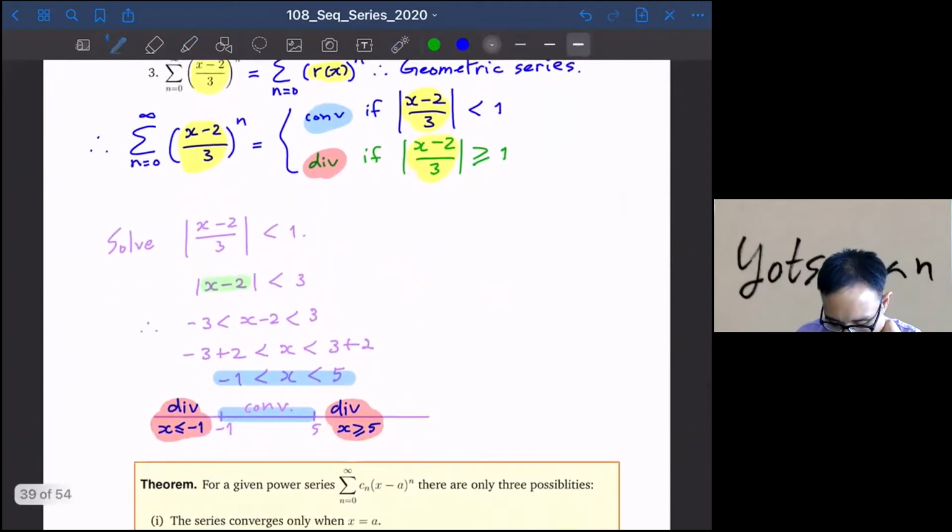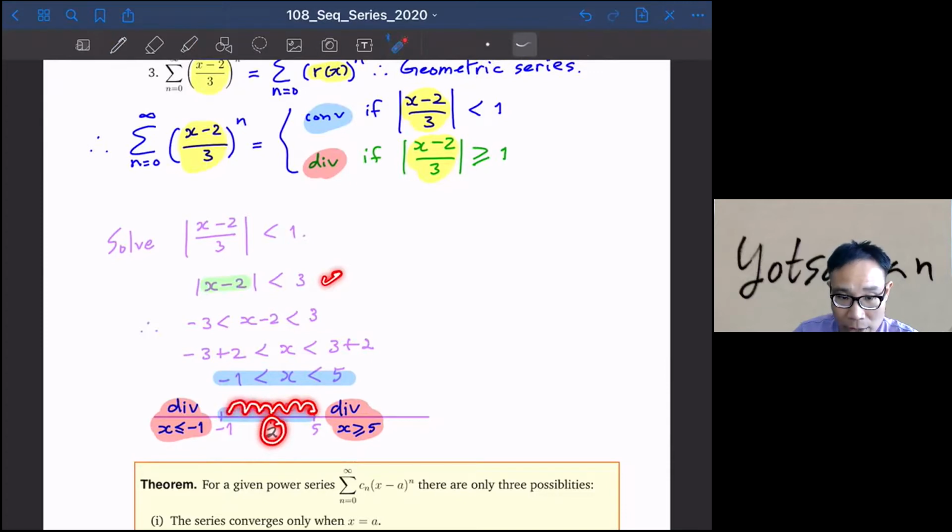It's because 2 lies in the middle between negative 1 and 5. The way to see this is that you have the absolute value of x minus 2 less than 3. It means you put 2 in the middle and walk 3 units to the left and 3 units to the right.